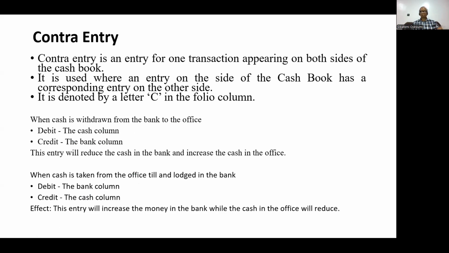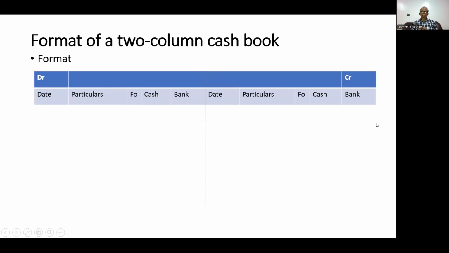When cash is withdrawn from the bank, it will reduce the amount that you have in the bank and increase the cash that you have in the office. On the other hand, when money is taken from the office and lodged in the bank, you're going to have an increase in money in the bank, while cash in the office will reduce.